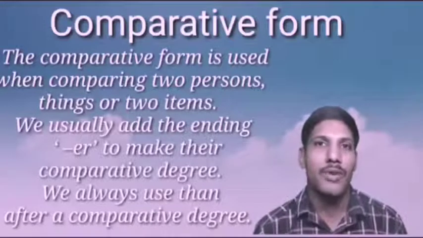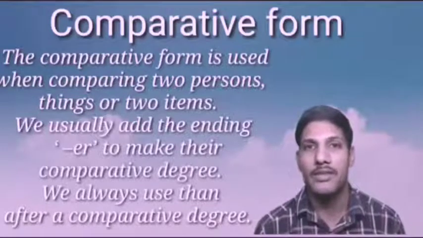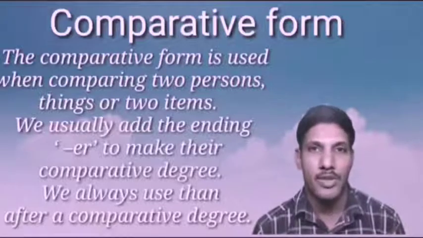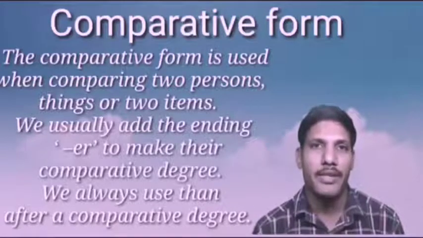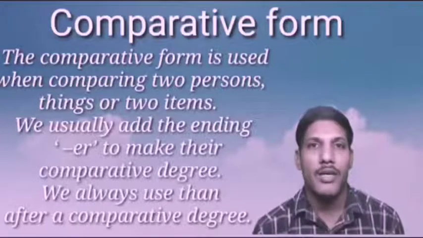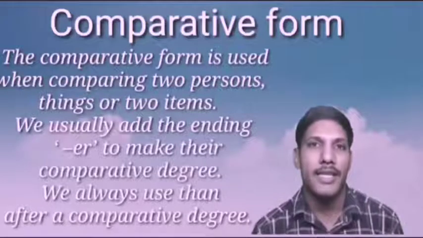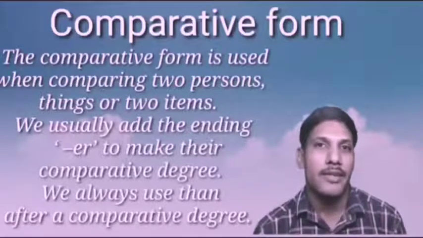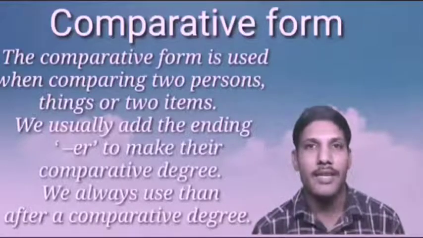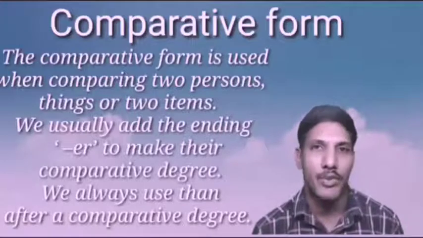This form of adjective is used when we compare two persons, things or items. As told earlier, happier is the comparative form of happy. As you can see, ER is added at the end. Hence, it is concluded that whenever ER is added at the end, it is comparative form.